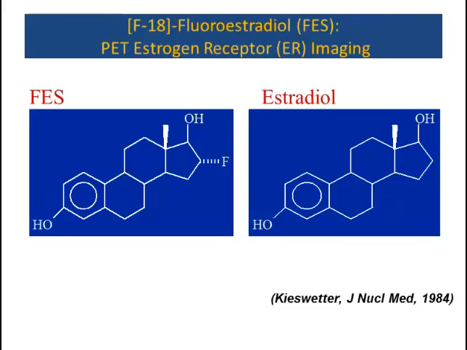The other one is fluoroestradiol, FES, an estrogen hormone analog with easy labeling. Some breast cancers are stimulated by the hormone, and usually in a bone scan, when it's due to this hormone, we don't see the uptake.